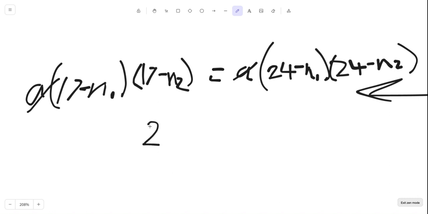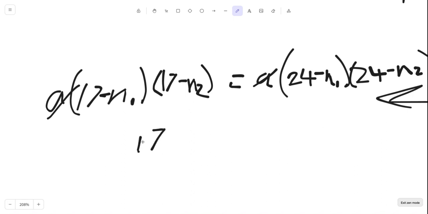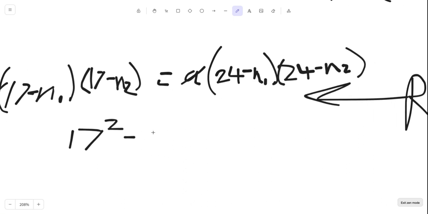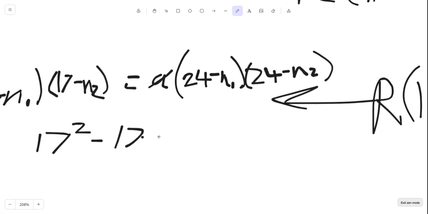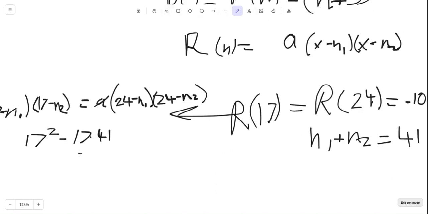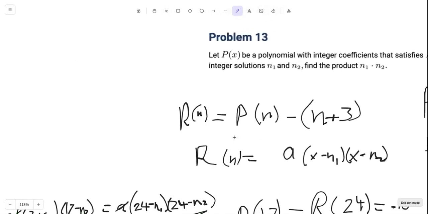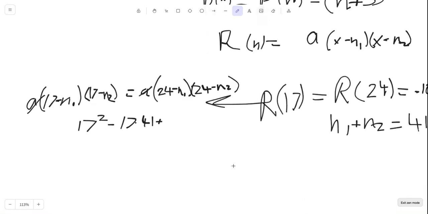Okay, 17 squared minus 17 times n1 plus n2, which we know is 41 from over here, plus their product. I'm going to let their product be p because it cancels out.